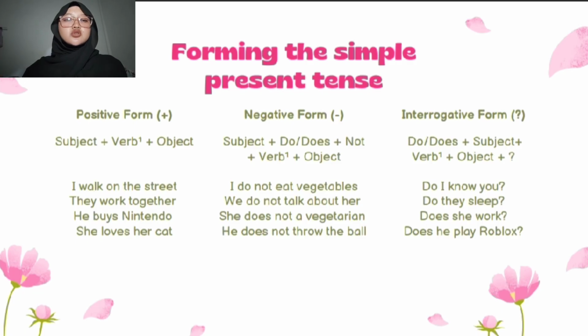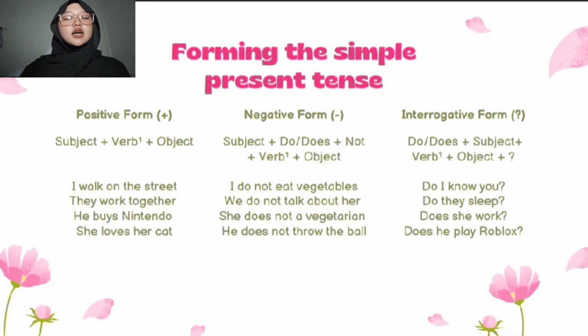So we use do and does first, and after that the subject, and after that verb 1, and then the object, and don't forget the question mark, because it is a question. Let's take a look at the examples. Do I know you? Do they sleep? Does she work? Does he play Roblox?